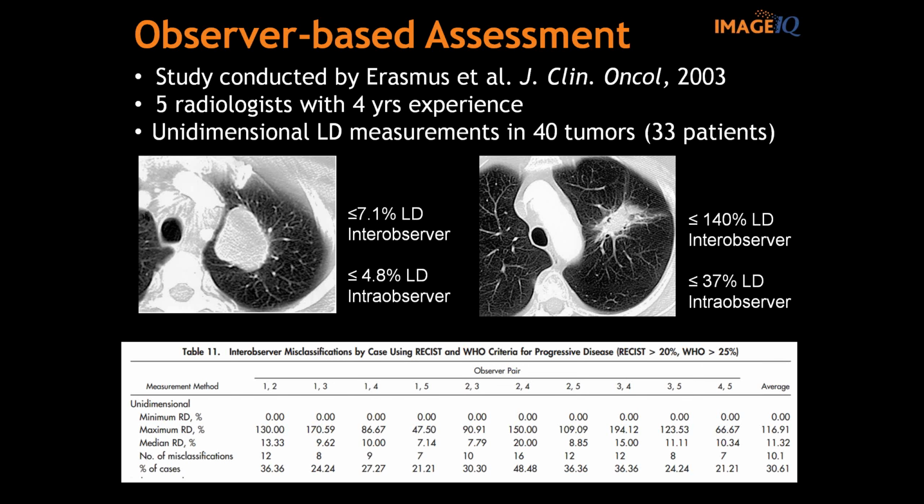Within an observer, it was about half that, around 4.8%. The one on the right, a more irregular shaped lesion, is around 140% in terms of the longest measurement. You can understand that, because making a longest diameter measurement on that lesion would be really hard to do.